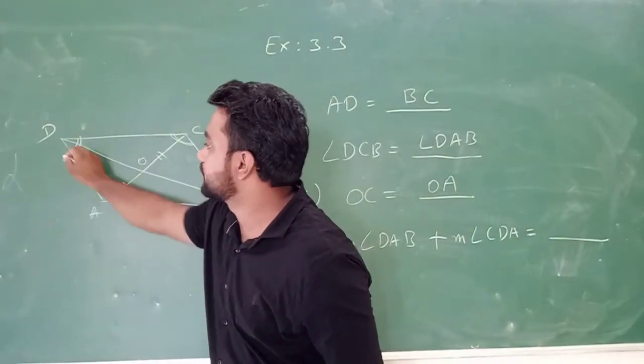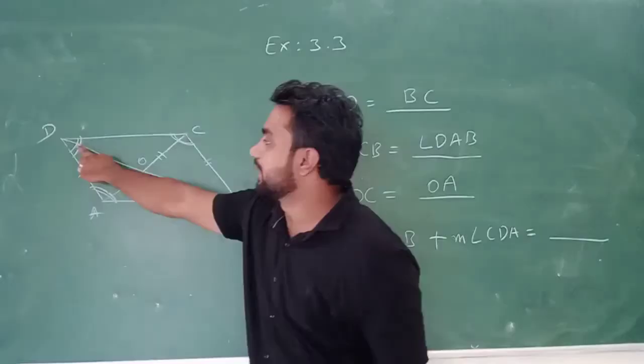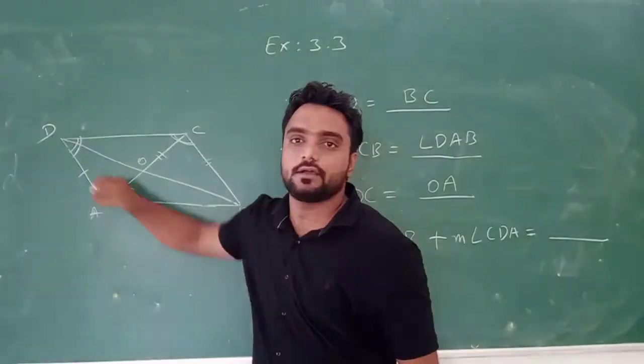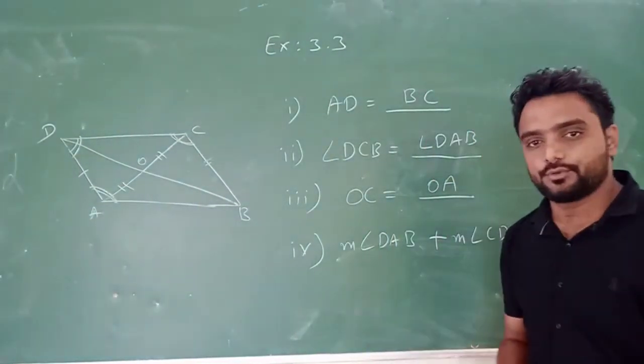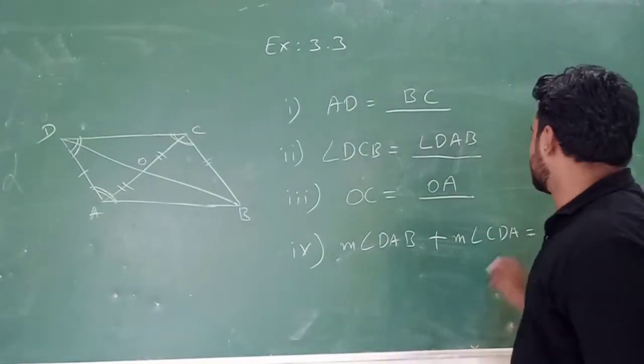So these angles. So according to these angles, both angles are the adjacent angles. Understand or not? So according to that property, the summation of adjacent angles is equal to how much?